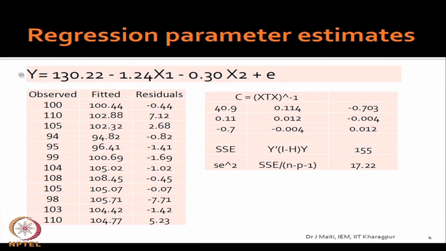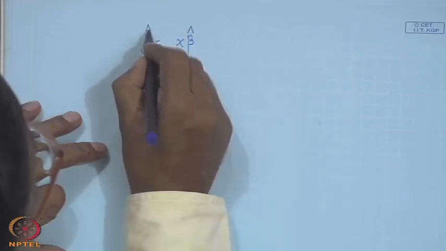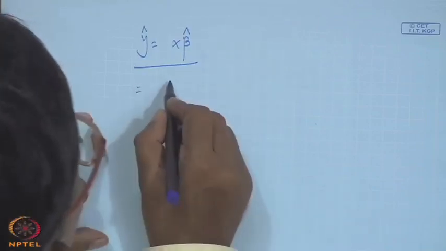Using this regression line, you have found the fitted values. Basically, how did you get these fitted values? We say y cap equals X beta cap. What are your X values?